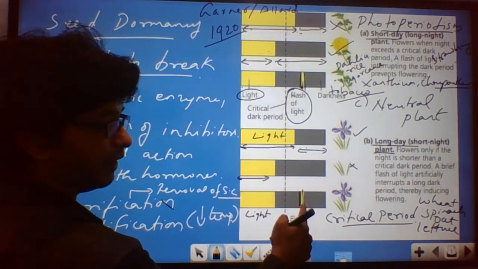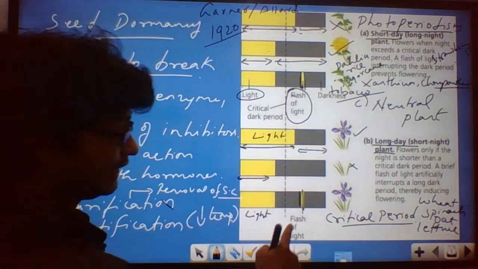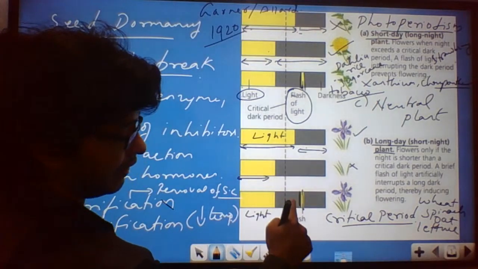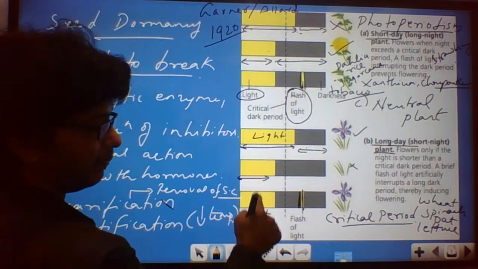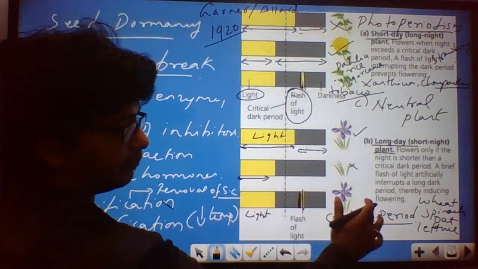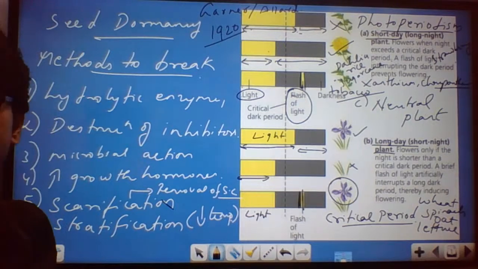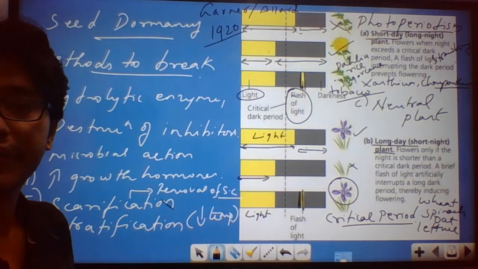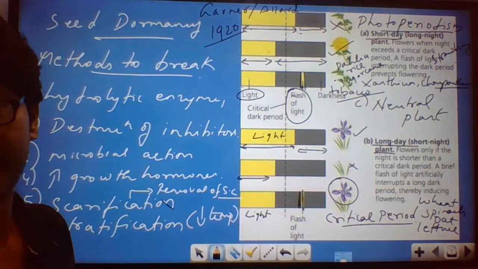We have interrupted only the dark zone, but here the critical point is not the dark. The critical point is the light source, and we did not interrupt the light part. So there is no abnormal effect as far as flowering is concerned. So this kind of experimental setup tries to prove the short day plants and the long day plants.